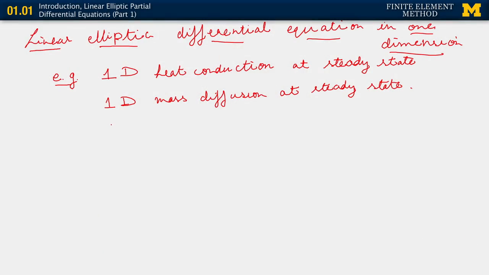So let me write down also one-dimensional elasticity, also at steady state.